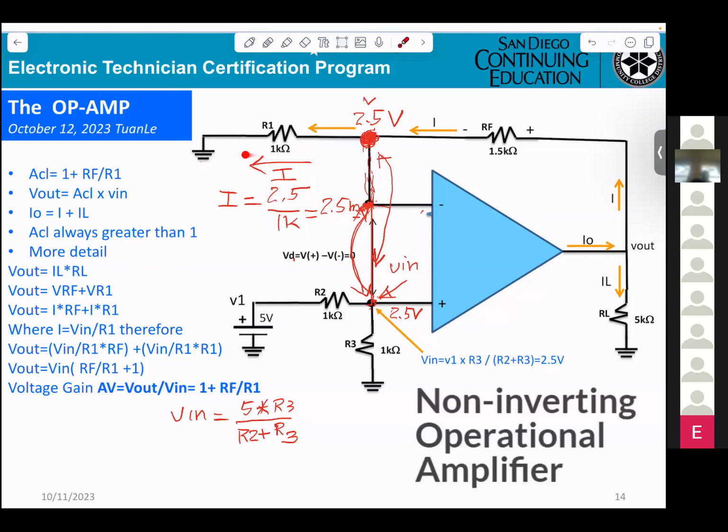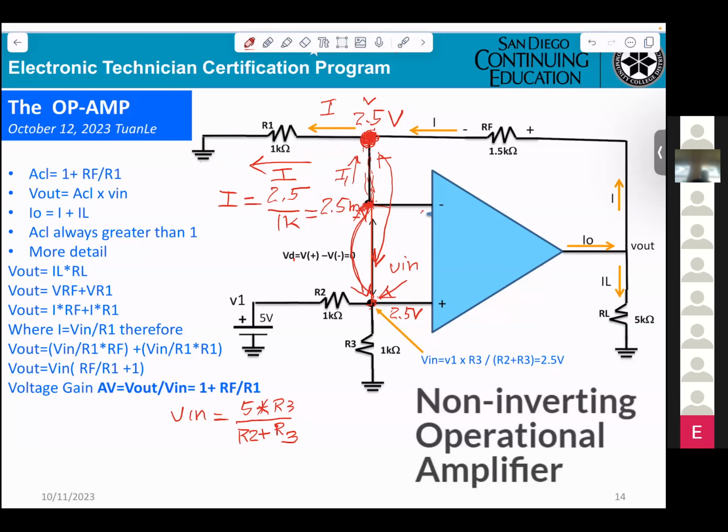So you can calculate the current I. Now we're talking about current I. Where is this current coming from? First thing, it cannot come from here, right?